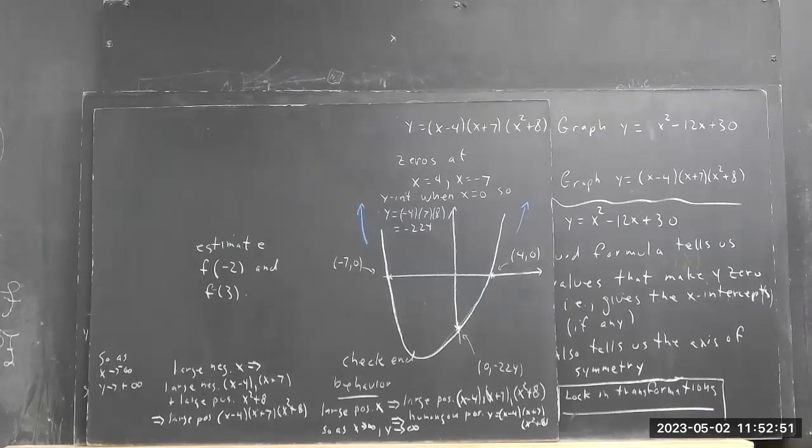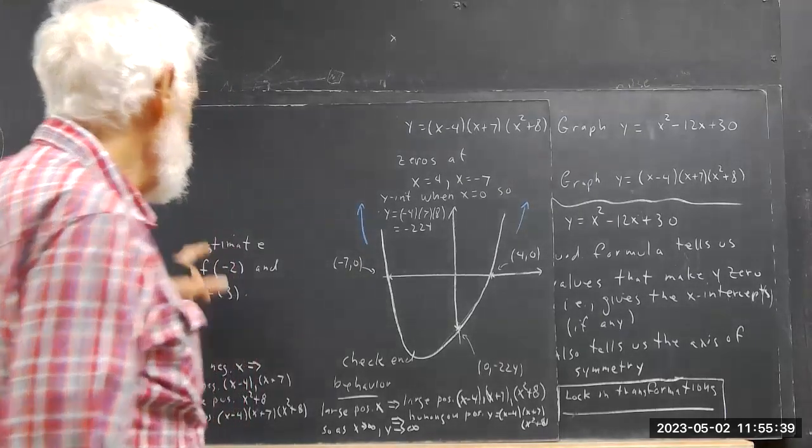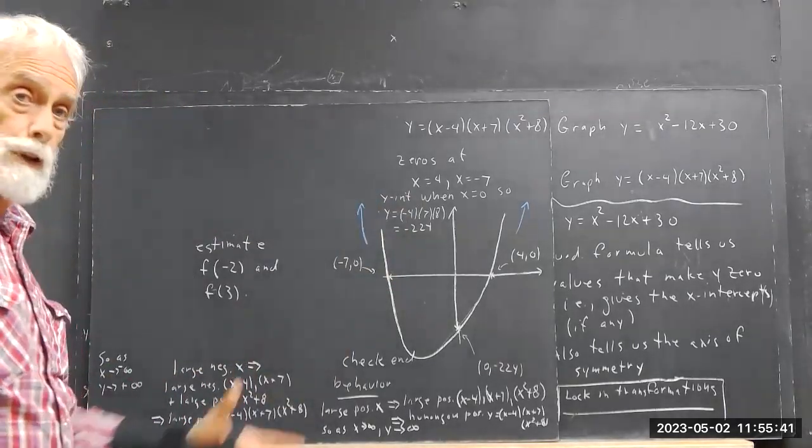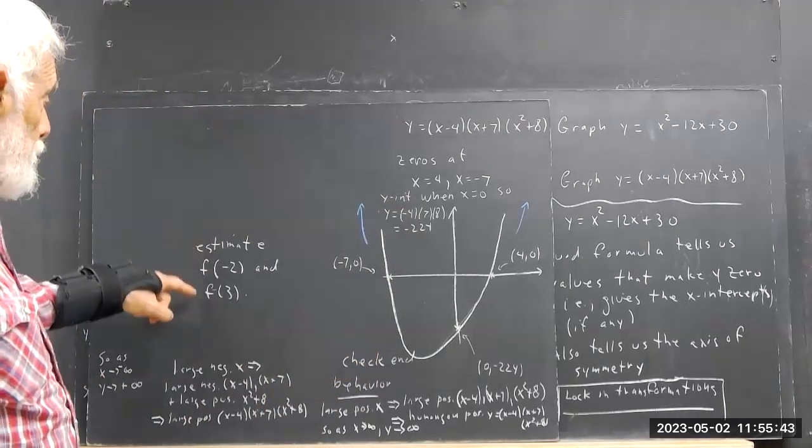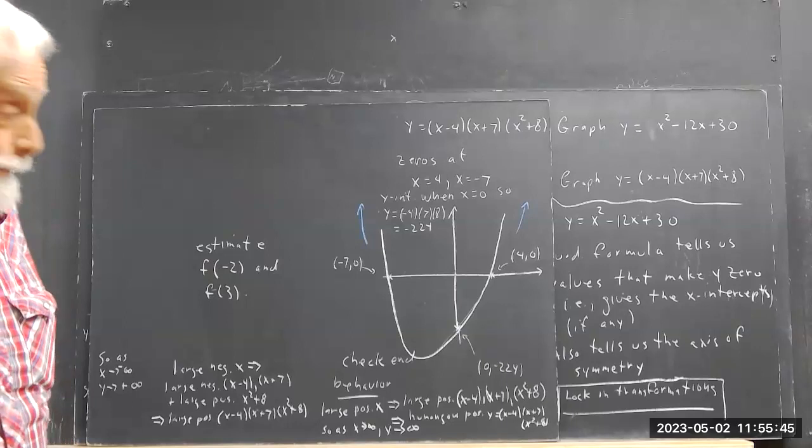If you haven't sketched the graph, just sketch one down, make sure you label the 3 points on the axis, and then see if you can construct an estimate of f of -2 and f of 3. Okay, so again, what I've asked is we, based on your copy of this graph, estimate f of -2 and f of 3.